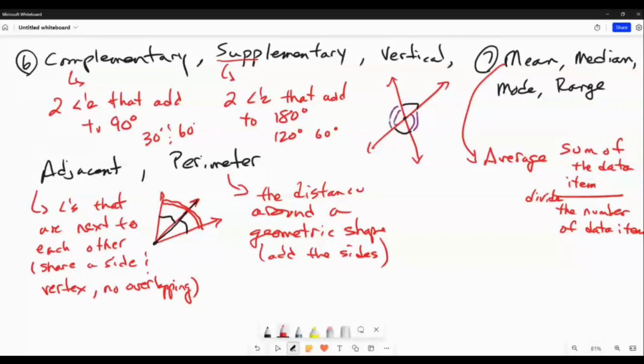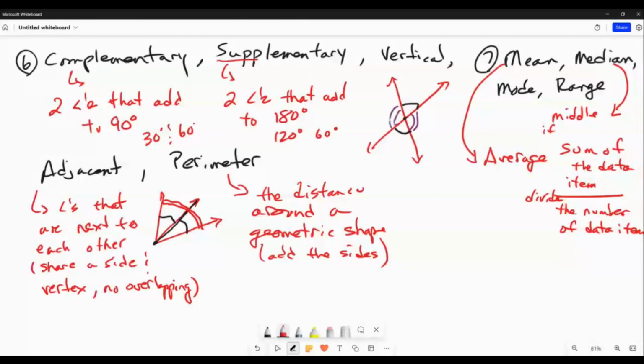Then median means middle. And sometimes it's one number, sometimes it's two numbers. But if it's two numbers, you have to find the average.